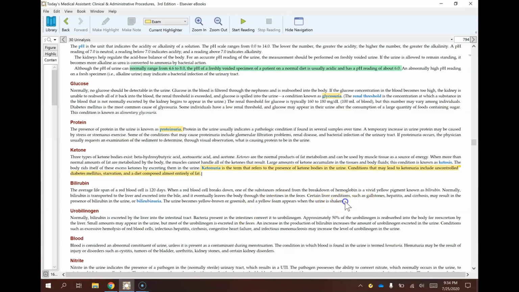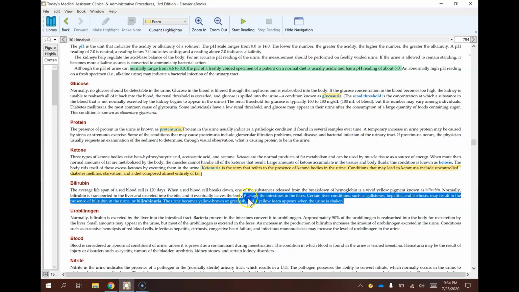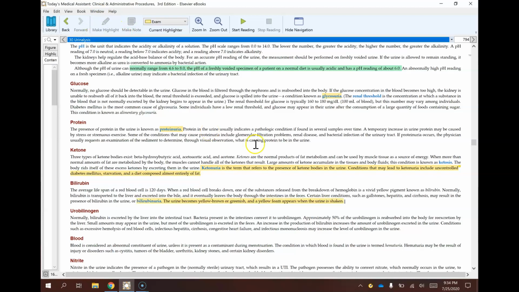So that's bilirubinuria. I'm going to highlight it if I can. Things like gallstones, hepatitis, and cirrhosis of the liver can result in bilirubin in the urine. So again, important for the provider to be aware of that.